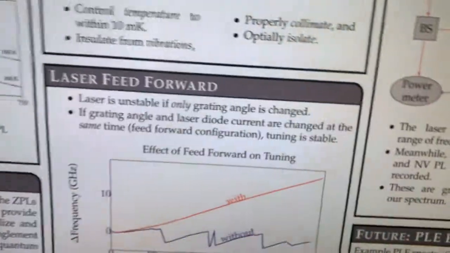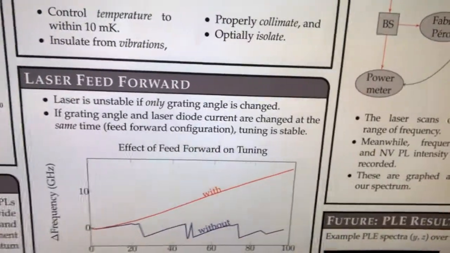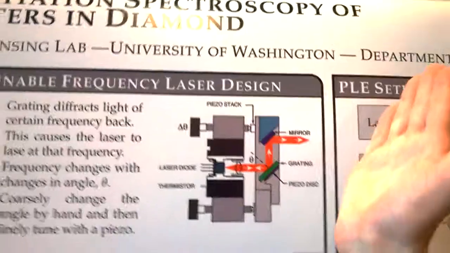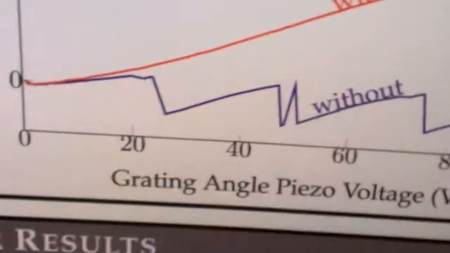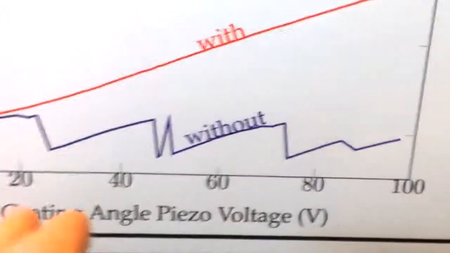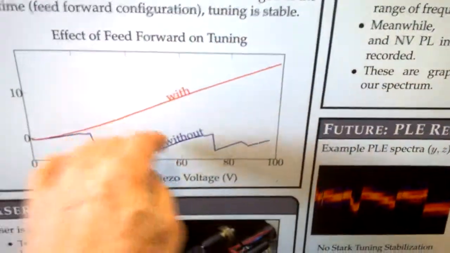Laser feed forward. The laser is unstable if only the grating angle is changed. If you only change the grating angle, it will look like this. This is the change in frequency, and this is the grating angle. I see. By tuning this knob, we can get these different effects. Yes.